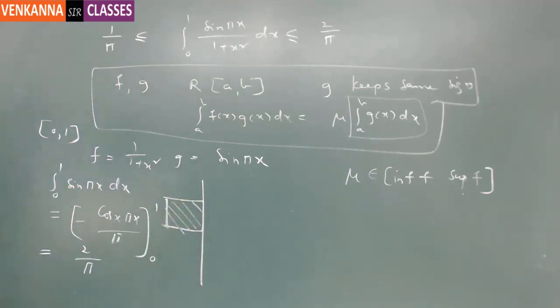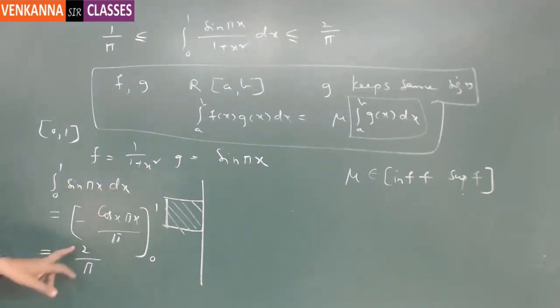So we have g is equal to sin pi x on closed interval 0, 1. Define phi as minus cos pi x by pi. Therefore, phi dash is equal to g. Phi is a primitive of g. By the fundamental theorem, integral 0 to 1 sin pi x dx is equal to phi of 1 minus phi of 0.